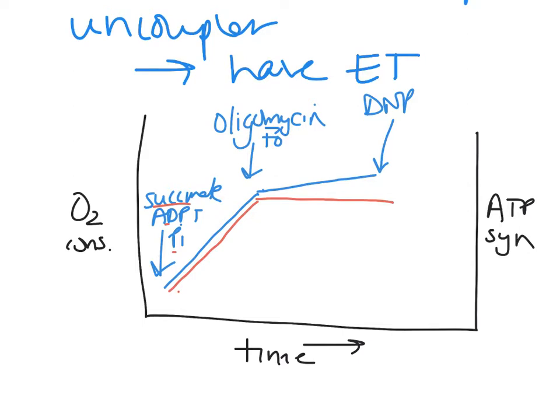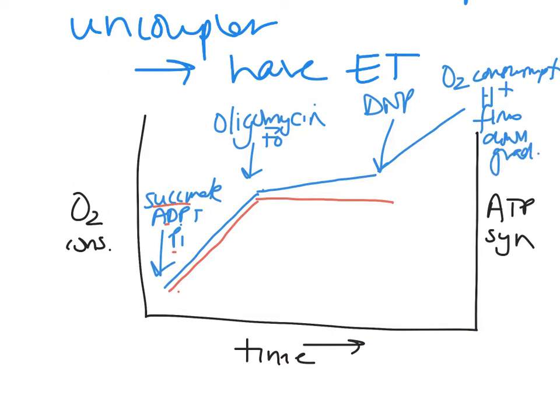If we add DNP and uncouple, we can have O2 consumption again, because the hydrogens are still able to flow down the gradient. They're just going to come in through DNP, so you're not going to generate too much of a potential. However, ATP synthesis will not increase. So this is where we have uncoupled the reactions.